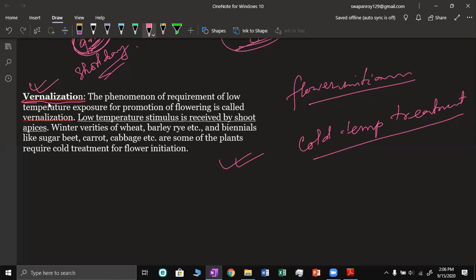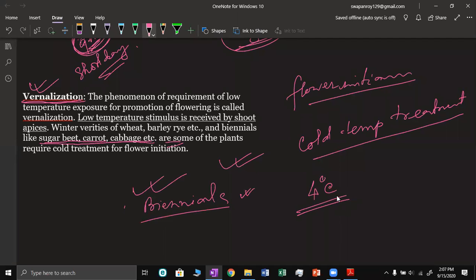These things are mainly found in winter crops, those biennials like sugar beet, carrot, cabbage. We know that they are winter crops. They will flower only after getting the cold treatment during the winter. Chilling temperature, nearly 4 degrees Celsius. So very cold temperature is required.